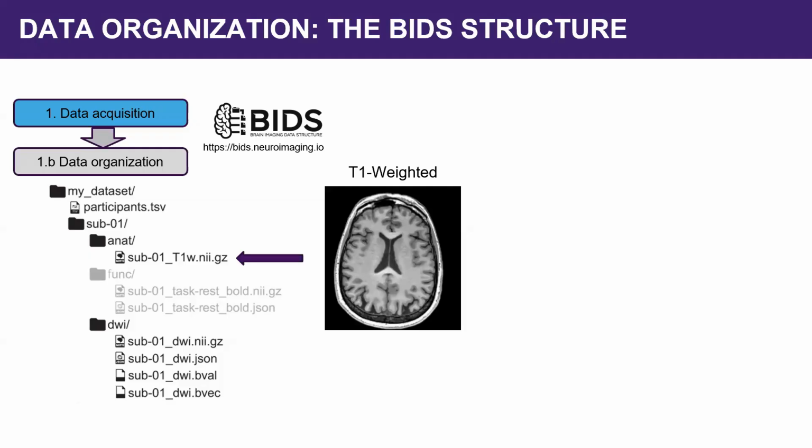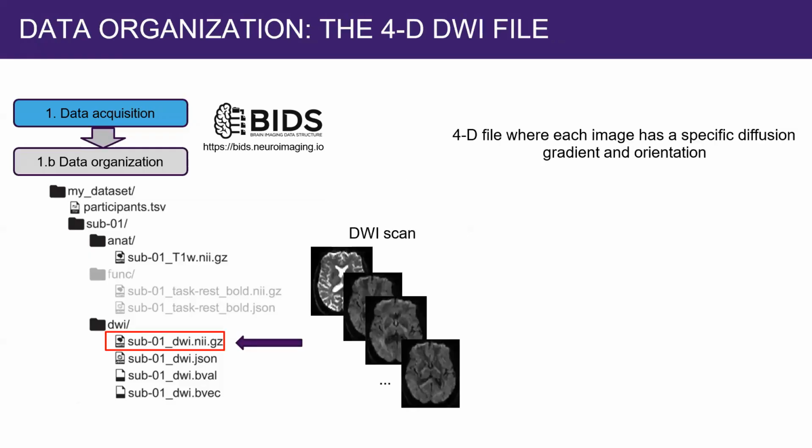This is one of the examples I use, a structure called BIDS. BIDS is like a standard for how you can analyze the image. So you have two main folders, T1 and DWI.